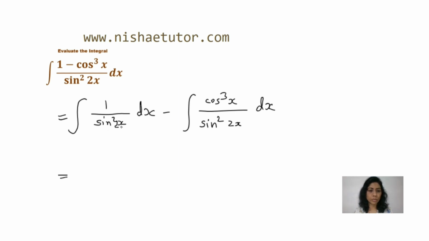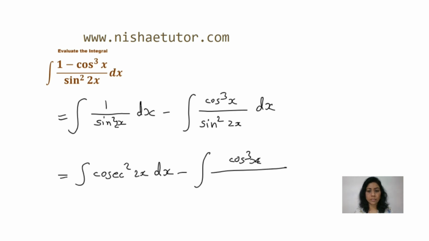1 upon sin square 2x we can write as integration cosec square 2x dx. Okay, and here cos cube x right as it is, and we know that sin 2x is 2 sin x cos x, but here it is sin square 2x, that's why we square it.